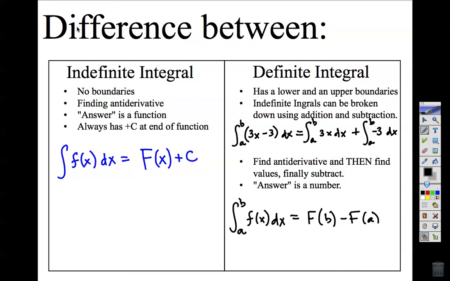One last thing that I did not write down here was that for definite integrals, you're probably finding the area under the curve f of x.